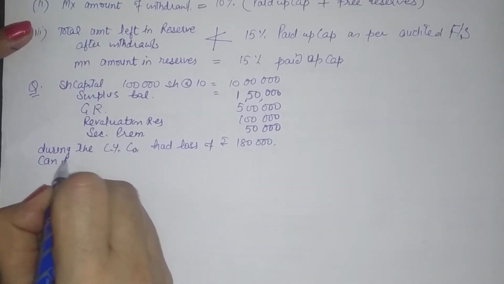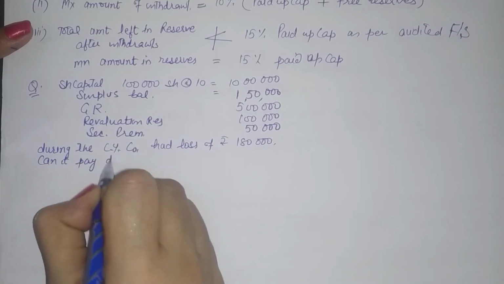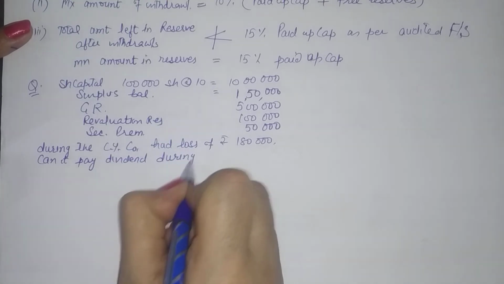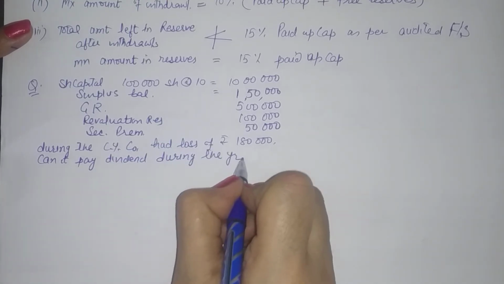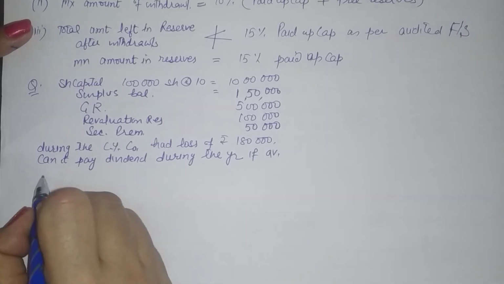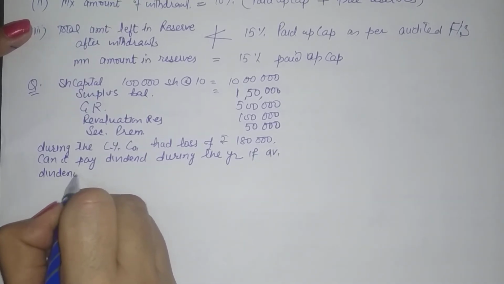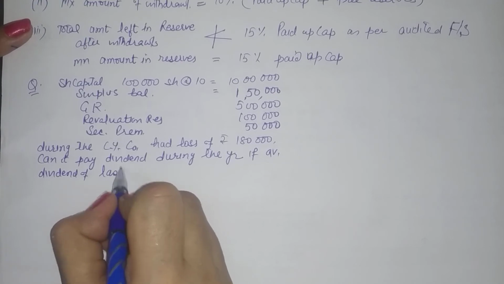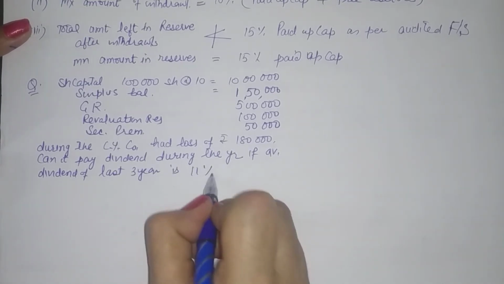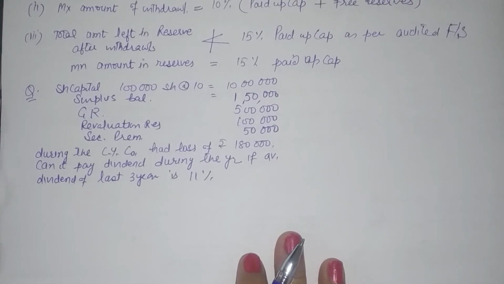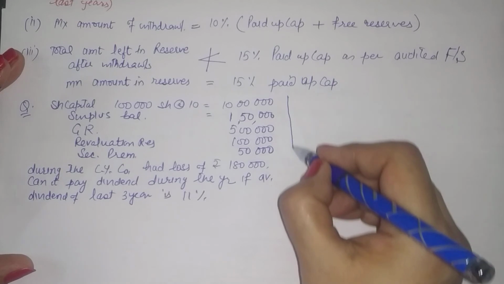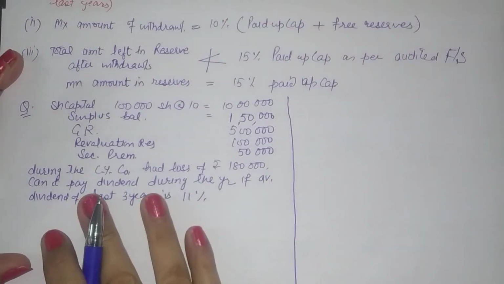Can it pay dividend during the year, if its average dividend of the last 3 years is 11%? So in the last 3 years your average dividend is coming out to be 11%. So can it pay dividend in this year?